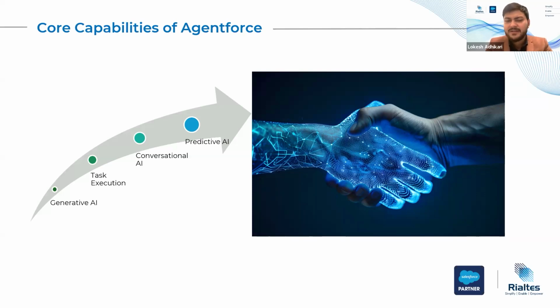Then we have predictive AI. Predictive AI anticipates what's coming next, like identifying risk, recommending the next step, or checking whether the lead fits your company's description. So there are a lot of possibilities that you can do with AI in your CRM. Together, these allow Agentforce to understand, act, and assist just like a smart human teammate would.